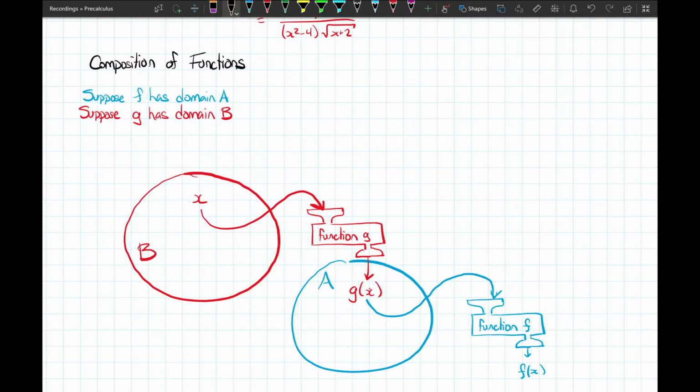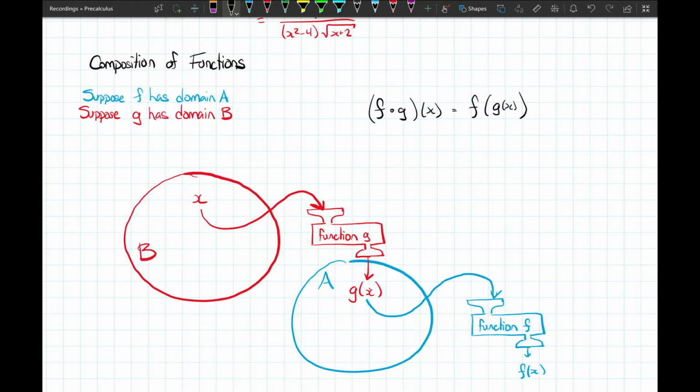Now we have a notation for this. What we would say is f of g, and we'll write that f with a little open circle. And then, of course, if our variable is x, we would write f circle g of x. This means that it was f evaluated at the function g evaluated at x. So it's a little bit of a compound notation.